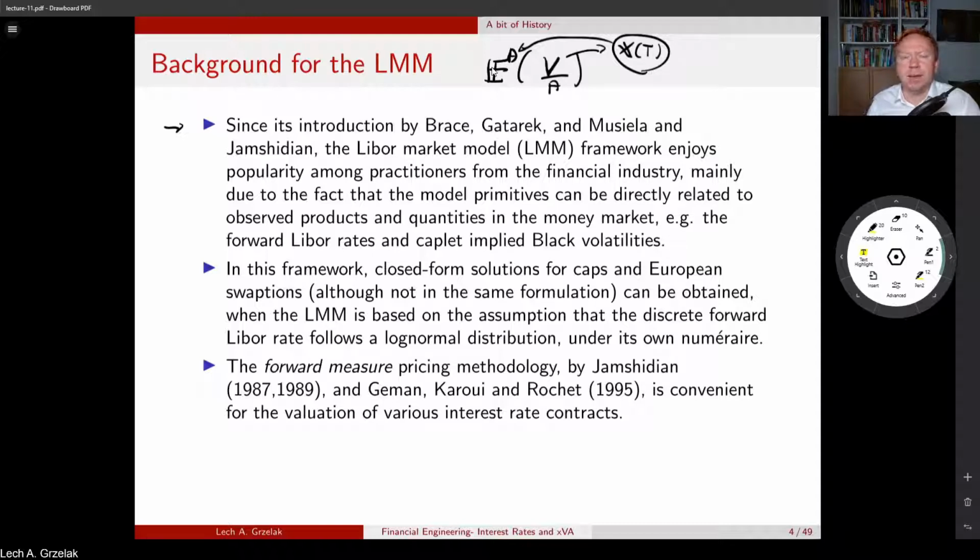And this is exactly the task of the market models, or Libor market model in particular, that brings different Libors with different dynamics into one framework, allowing us to evaluate those expectations under one measure.